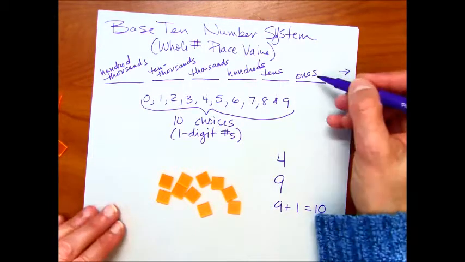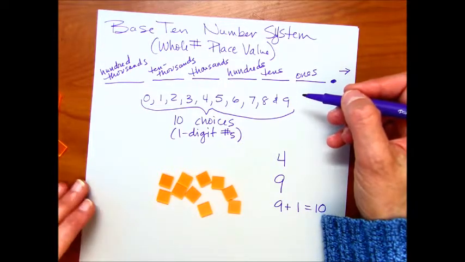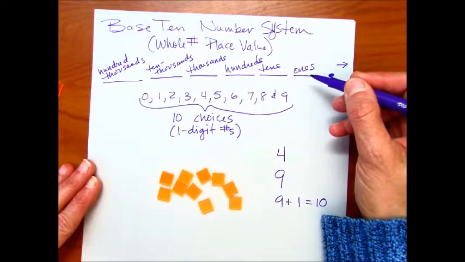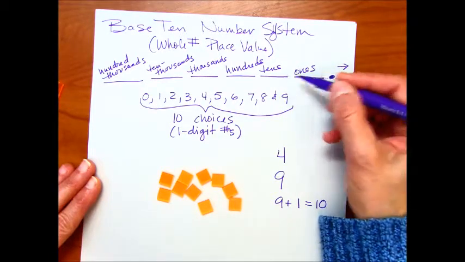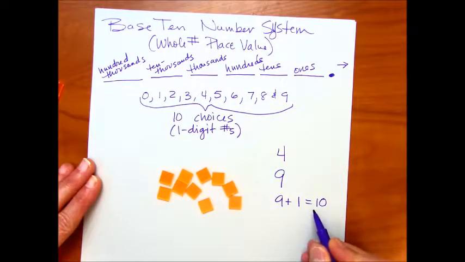So we cannot say 10 ones. We can talk about 10 ones, but to write 10 ones, we have to move over to the next place value and represent our new number using the 2 place values. So this is now going to become a 2-digit number.